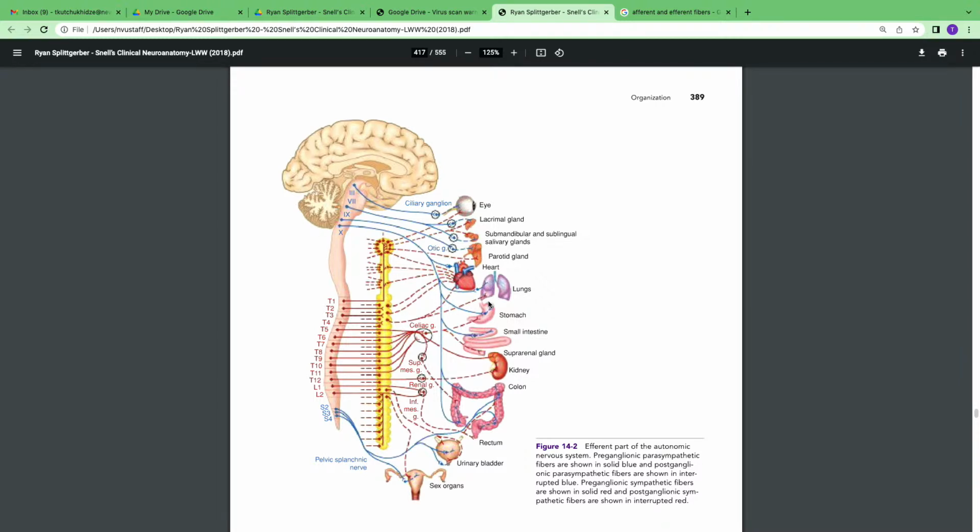It can be the heart, lungs, the stomach, etc. One of the most important here is our suprarenal gland, which has the ganglion inside mostly, and they are activating our epinephrine synthesis in the sympathetic part mostly.